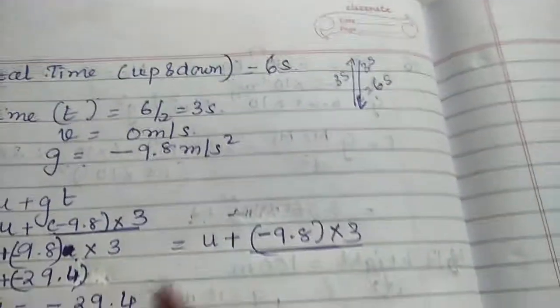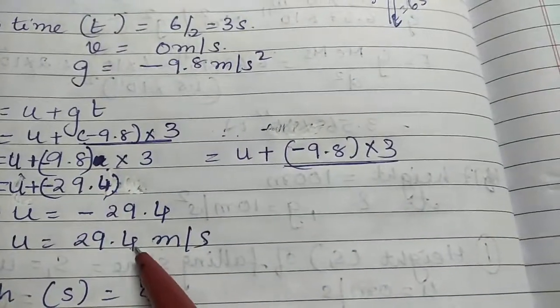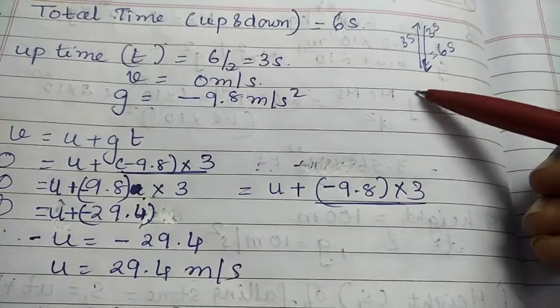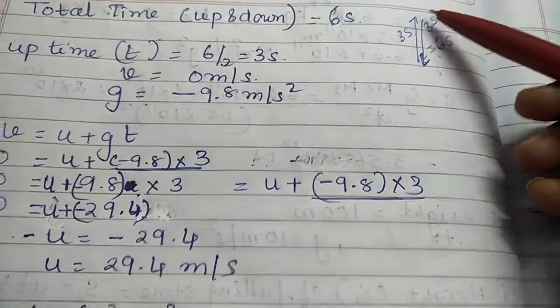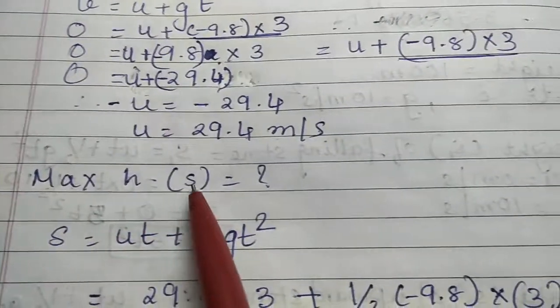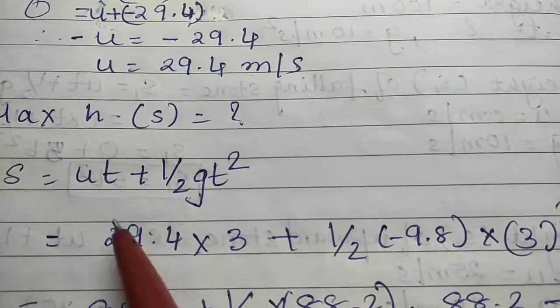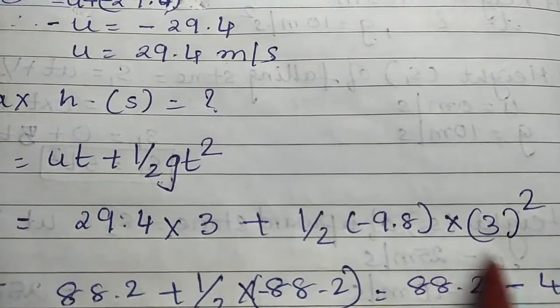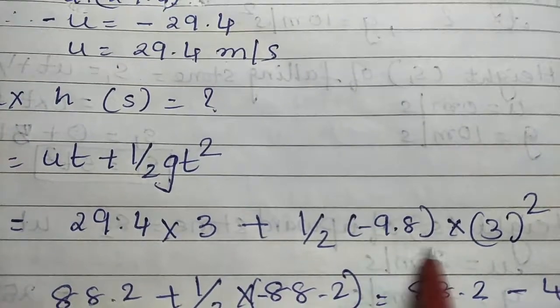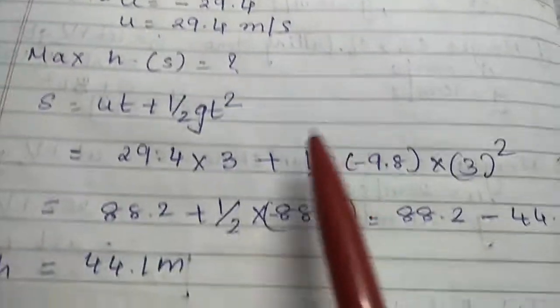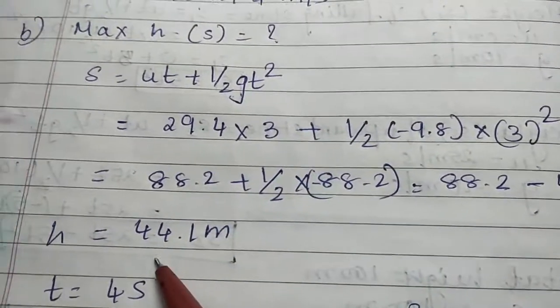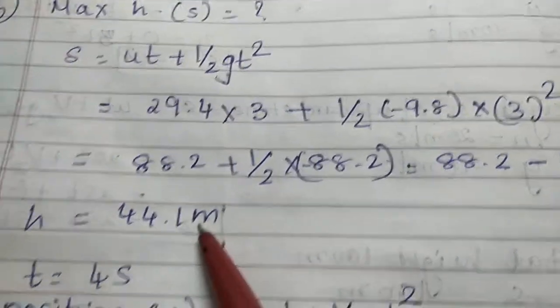Now the maximum height at which it goes, we have to use this equation and put the values. Only the value of g will be negative here because it is thrown up. So we get the answer height as 44.1 meter.